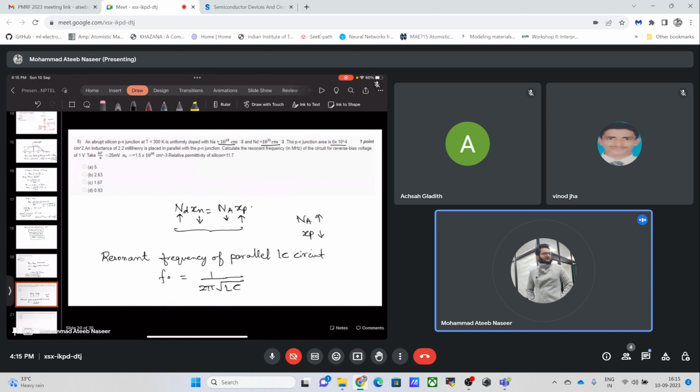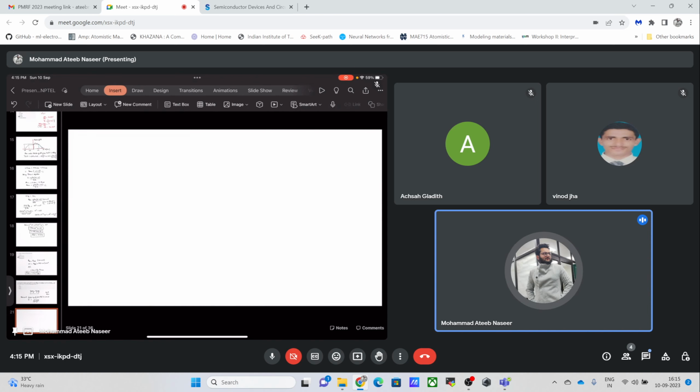So what we are supposed to find over here is the value of this capacitance first, because 2 pi is constant, so we need to find the value of the capacitance that is associated with this p-n junction.